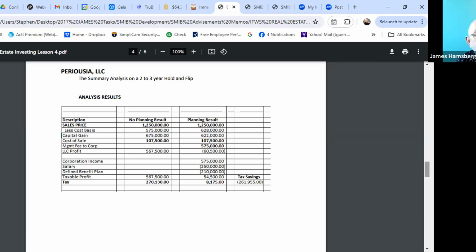And that's the whole point of this course. That's the whole point of figuring out what the investment objective is for your investment. And I can't tell you how many times we look at a deal and we find that there's no objective.